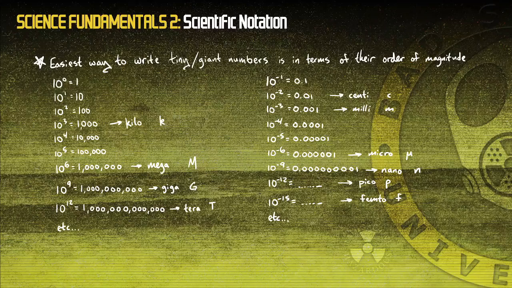And then 10 to the minus 3 is milli, 10 to the minus 6 is micro, and then nano, pico, and femto. And those will just keep going. So again, you see it's way easier to just write an exponent instead of writing the number out.